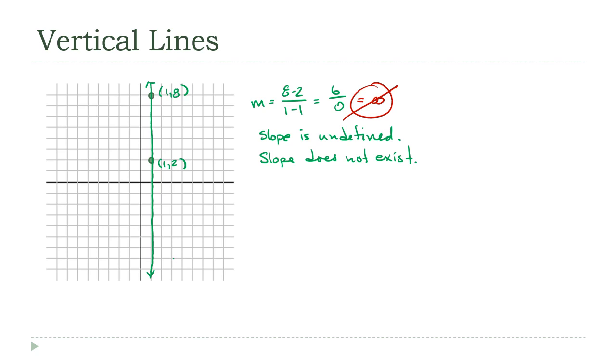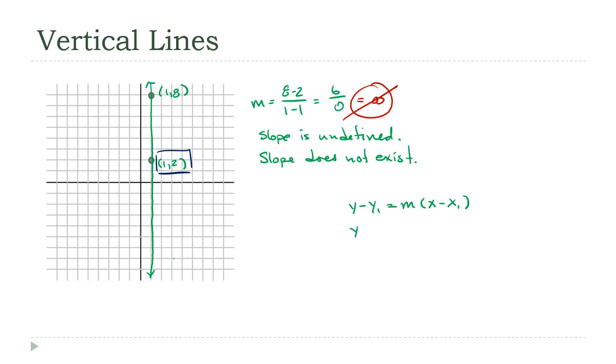What I'm going to do is start with our point-slope equation, just like we did with horizontal lines, and I'm going to pick this point here to work with. Again, you can use either one. The numbers are a little smaller here, so I'm hoping that makes my life a little easier.